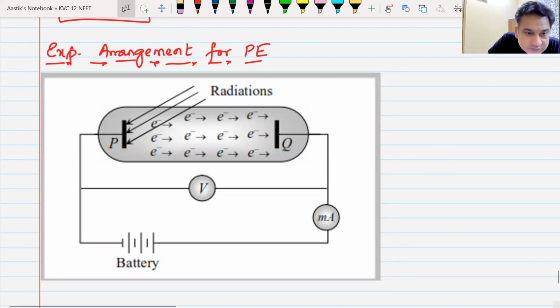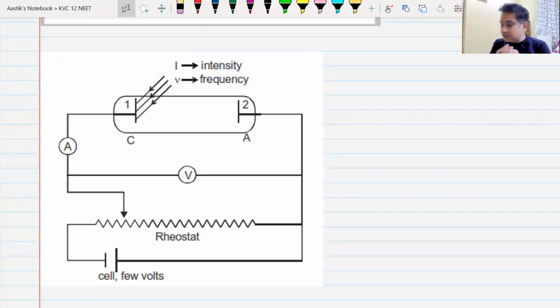Don't worry, both are the same actually. They are not looking the same, but they are actually both the same. The one in the module is a more sophisticated version, trying to make the same point in a sophisticated way. This one is a diagram from your module, yes? Yes, sir.